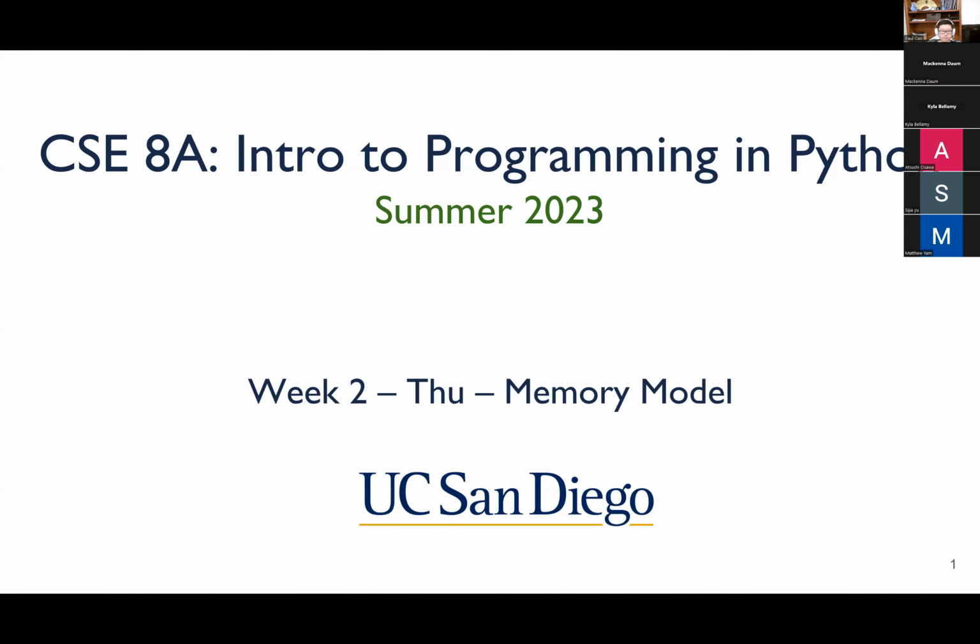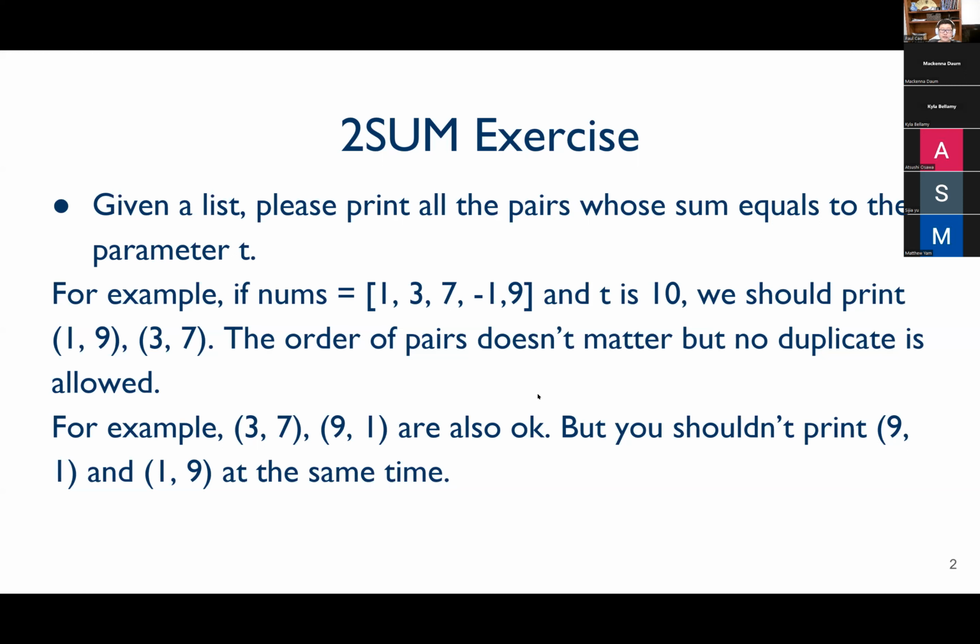All right. So let's get started with the materials for today. Last time we were looking at how to get started with a project, but there was one exercise that we couldn't finish. It was the two-sum exercise, right? So the idea is you're given a list and you're given a t. This t is called the total.